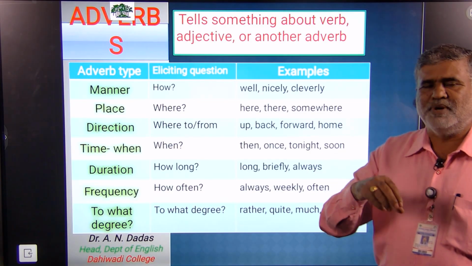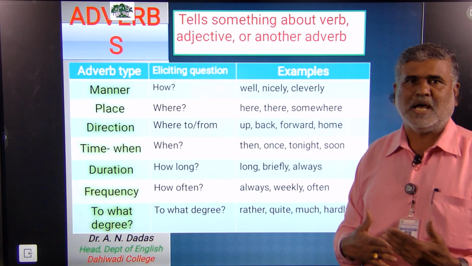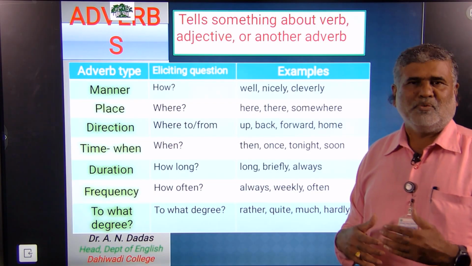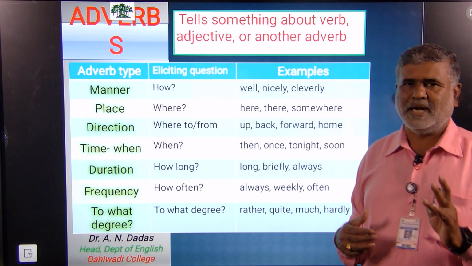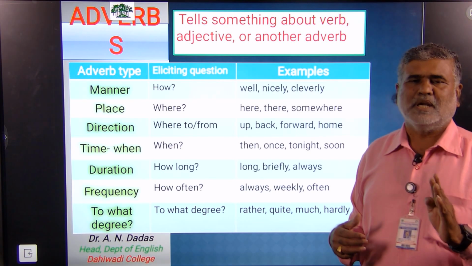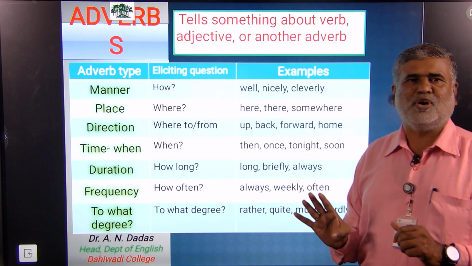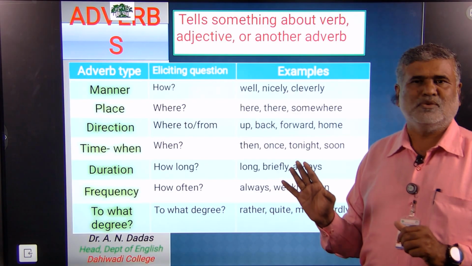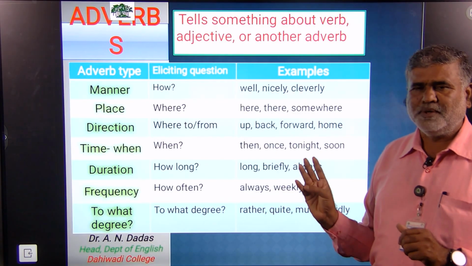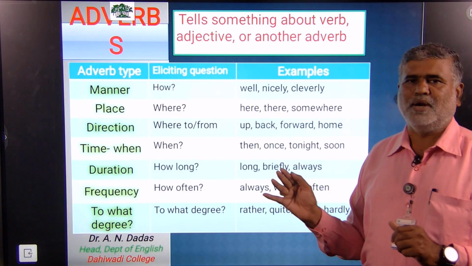If you use these words in a sequence, you will come to know how adverbs are giving us more information about verb, adjective, or another adverb. So these are the 4 classes of words in open class words, that is noun, verb, adjective, and adverb.